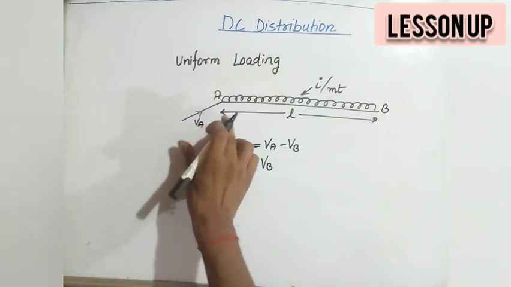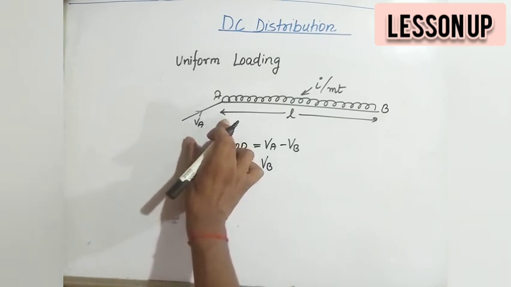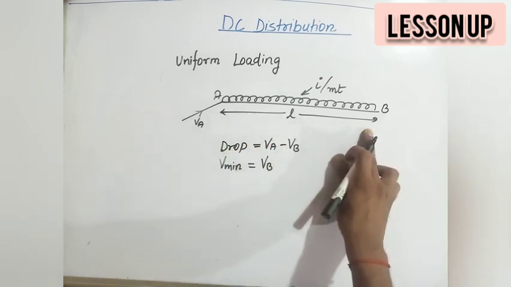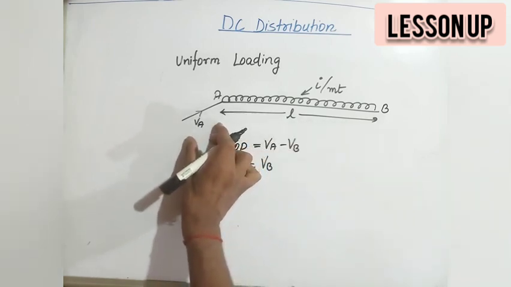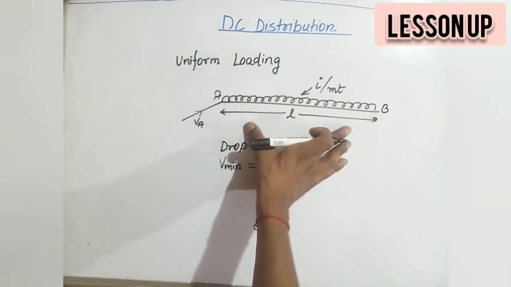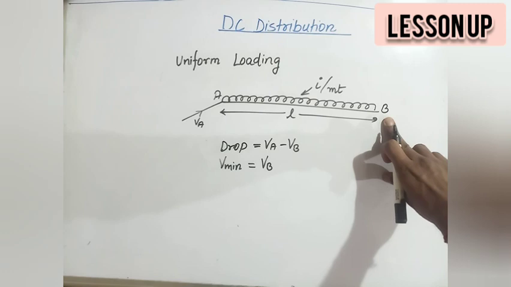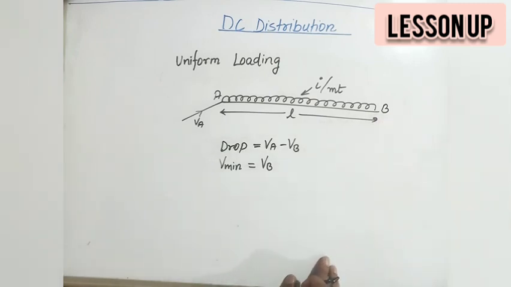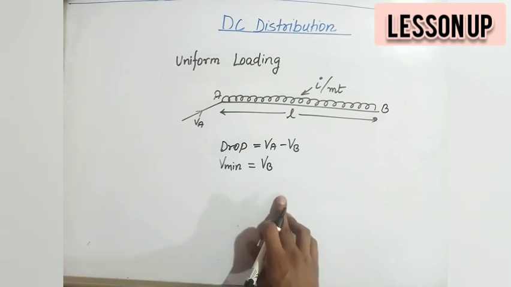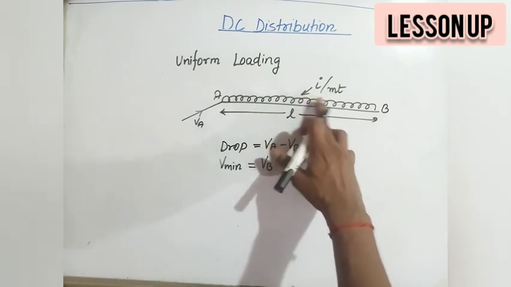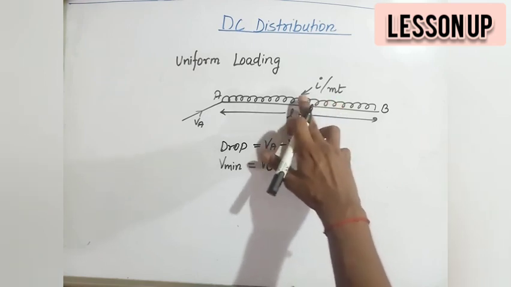Obviously we are feeding some voltage at this point, and in this section we will get some voltage drop. Suppose this voltage is 400 volt and we get a voltage drop of 40 volt, we will get 360 volt at this point. So this will be the minimum point. In this case, the current is a function of distance, that is I per meter, current per meter.